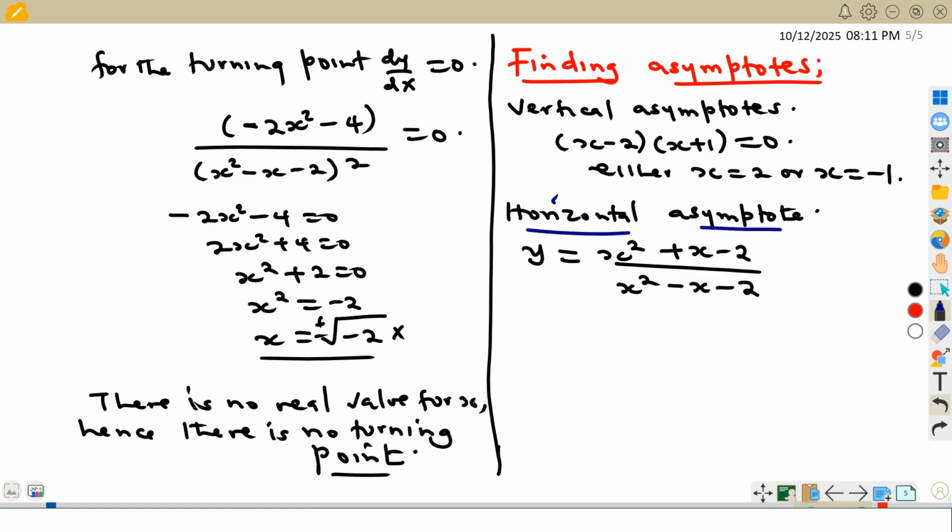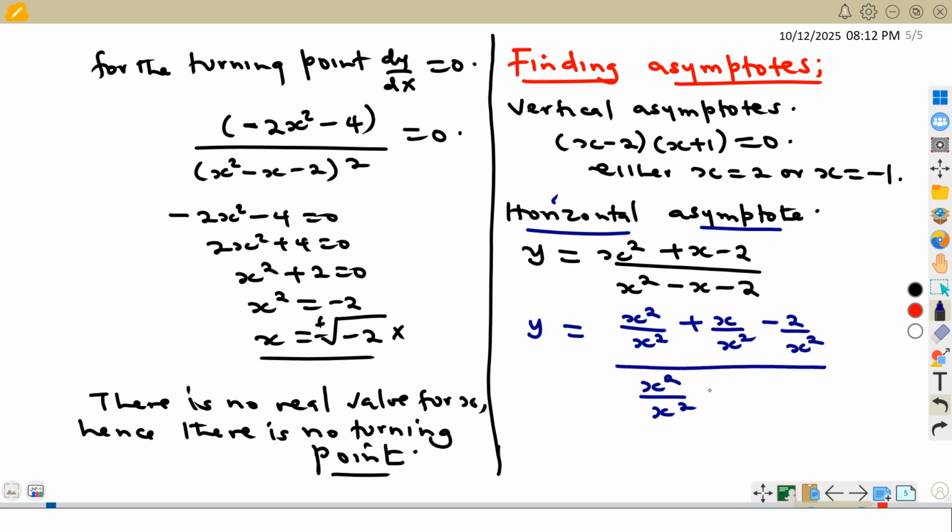So next, to look at the horizontal asymptote, we shall divide each of the terms by the highest power of x. The highest power of x in this case is x squared. So y is equal to x squared divided by x squared, plus x divided by x squared, minus 2 divided by x squared, and this is divided by x squared over x squared, minus x divided by x squared, then minus 2 divided by x squared.